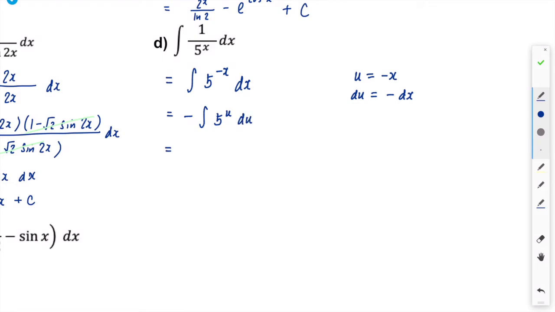The integral of this is 5 to the power of u over ln 5 plus c, back substituting. I have 5 to the power of negative x. You know what? Let's write this as 1 over 5 to the x ln 5 plus c.